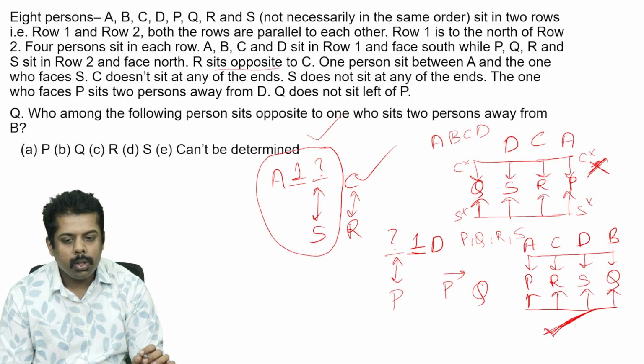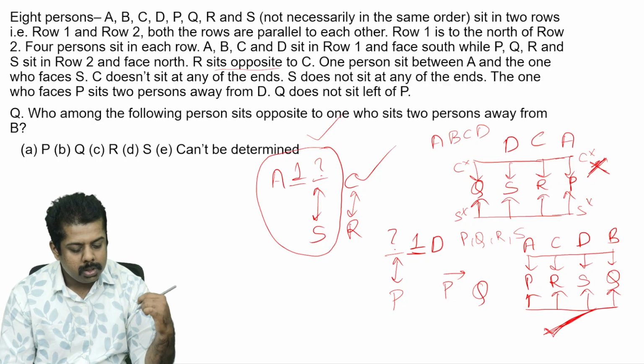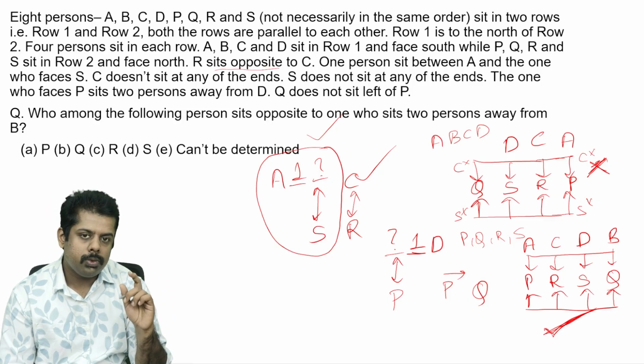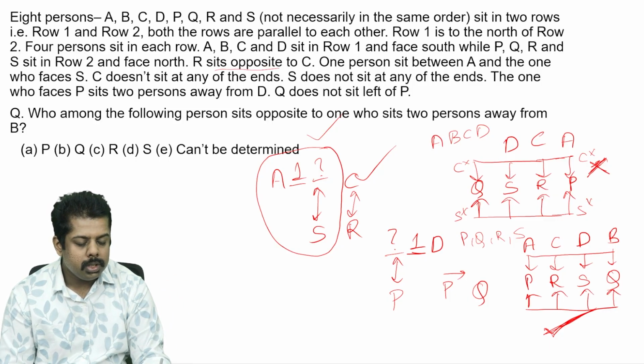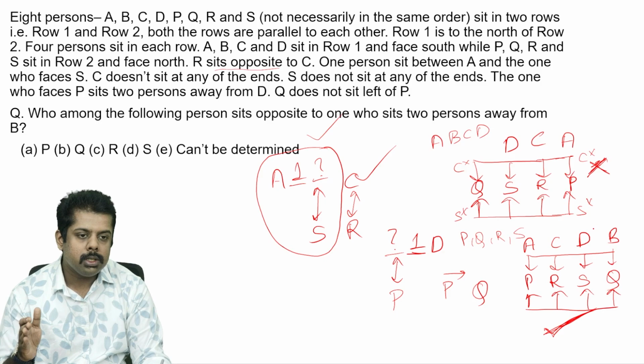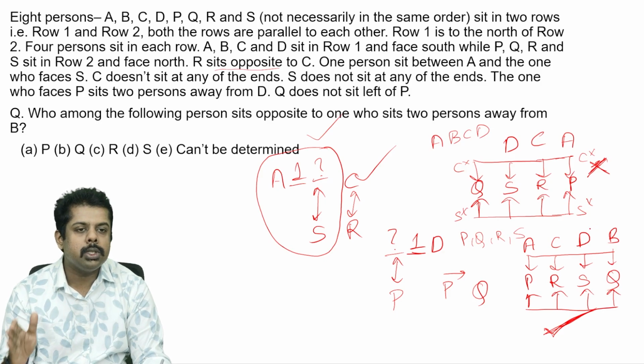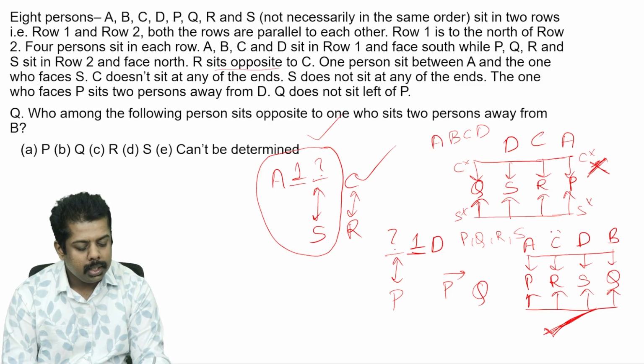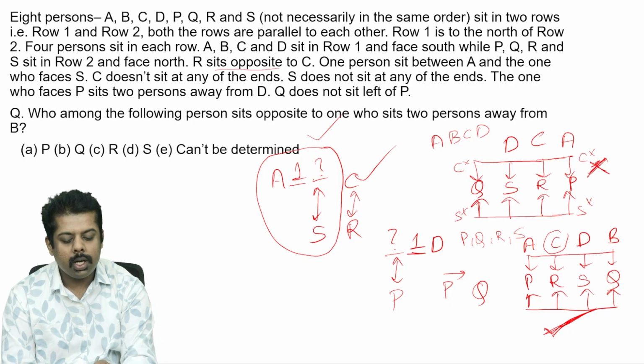So who among the following persons sits opposite to the one who sits two places away from B? First we have to see the person who is sitting two places away from B. As we discussed, two places away from B means that between B and that person, only one person sits. So technically, they are asking who among the following sits opposite to them.